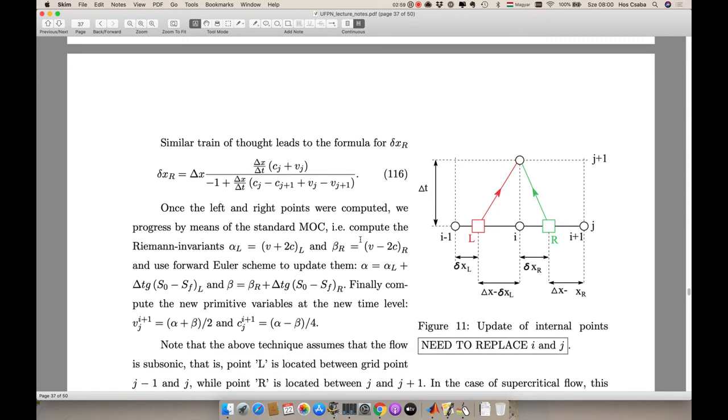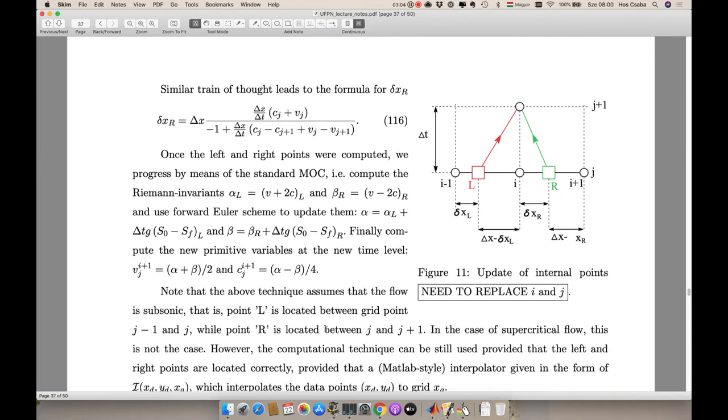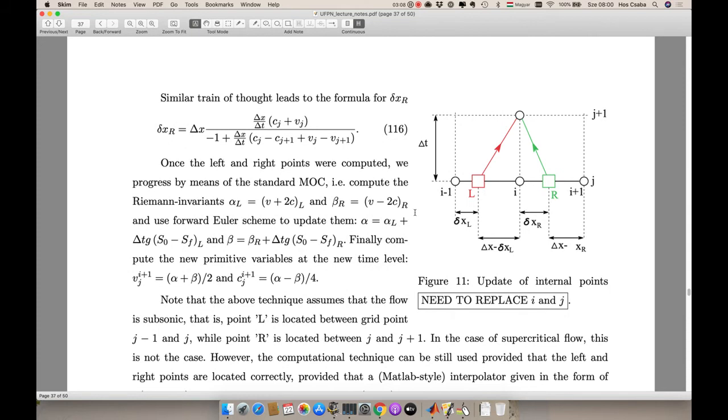And I gave you a simple example how to do that, both equations, and there is an interpolation technique which is, I think, simpler. Now, today we are dealing with the boundary conditions.